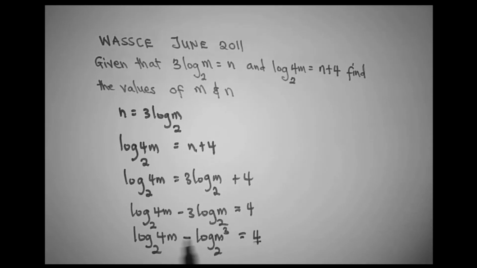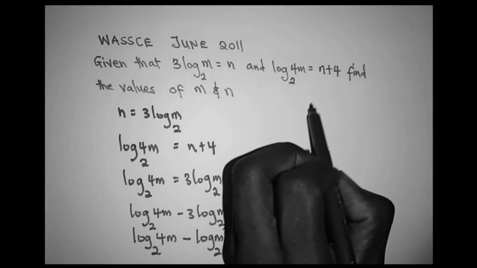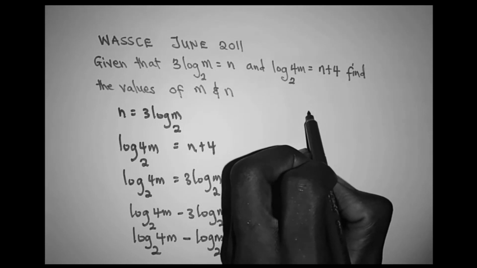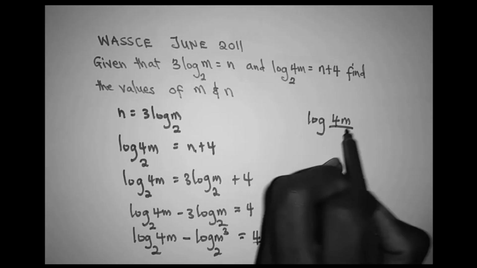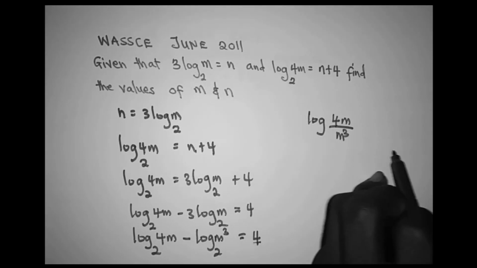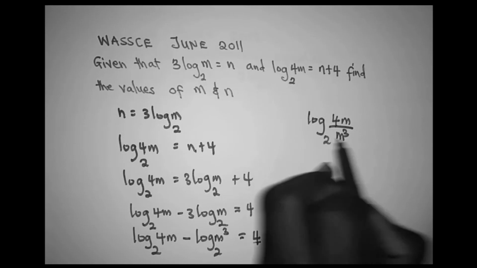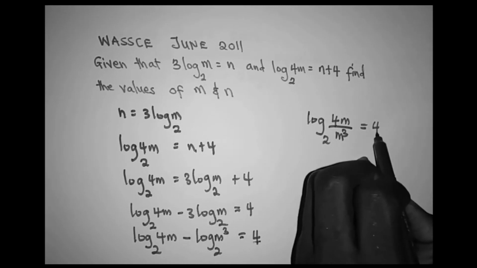So we can then write this as a single log, and since it is subtracting, it becomes log 4m divided by m exponent 3, base 2, is equal to 4.